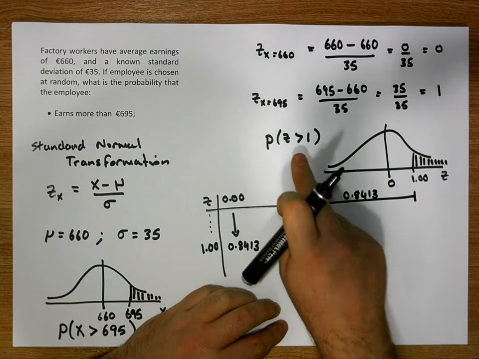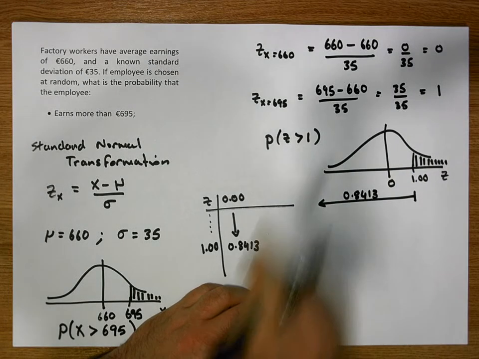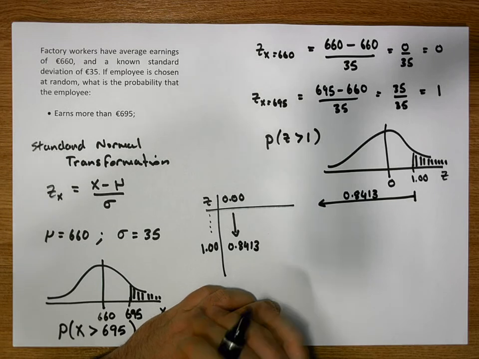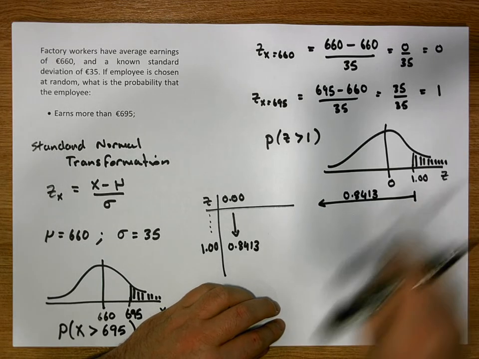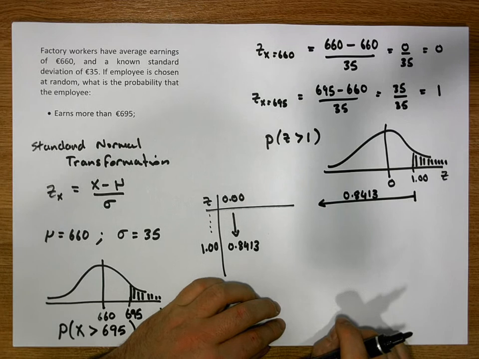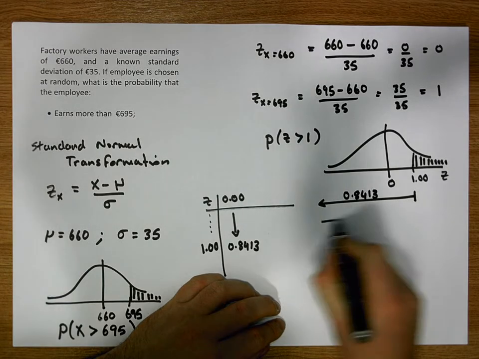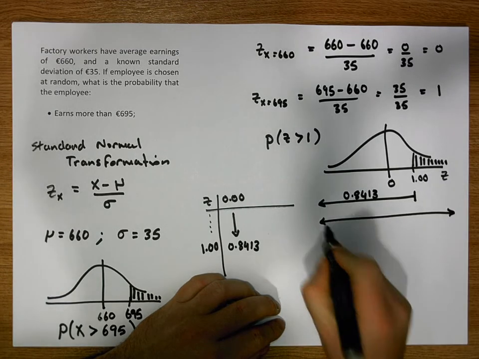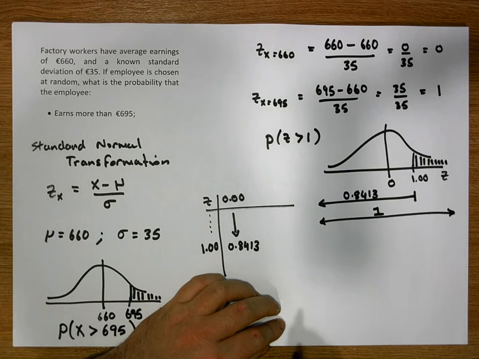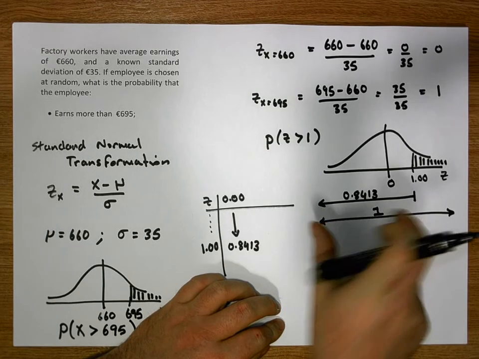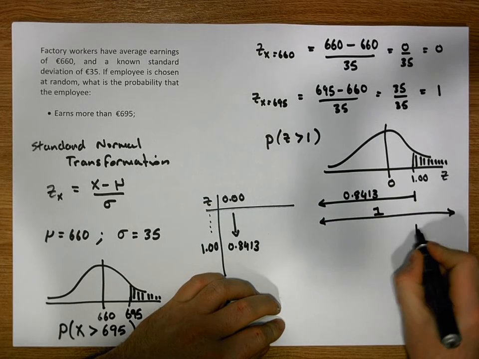Now, we're not interested in the area to the left, we're interested in the area to the right. When we defined type 2 probabilities previously, we developed a strategy for calculating areas to the right. What we said was that it's important to realize the total area under the curve is equal to 1 unit. So if we take the shorter line away from the longer line, what we're left with is the area to the right hand side.